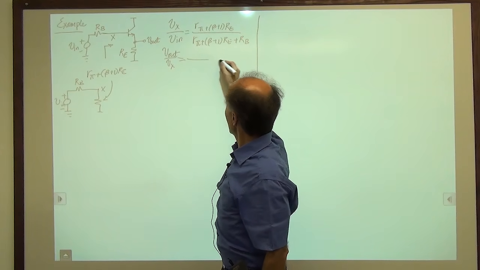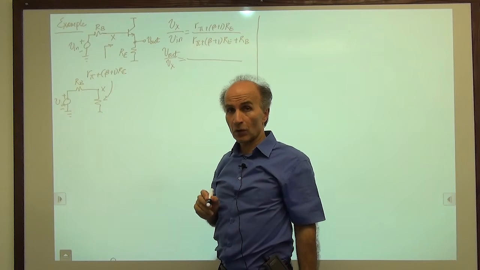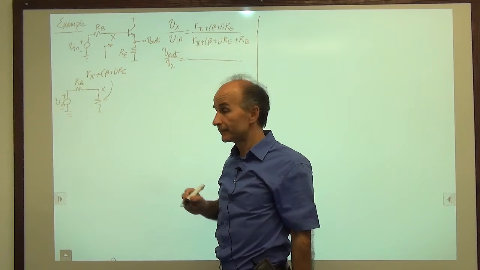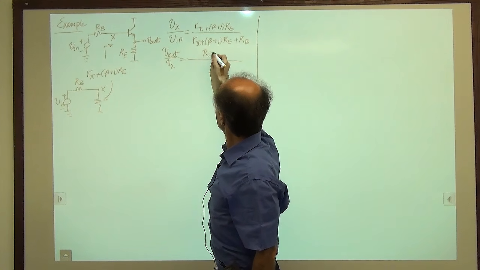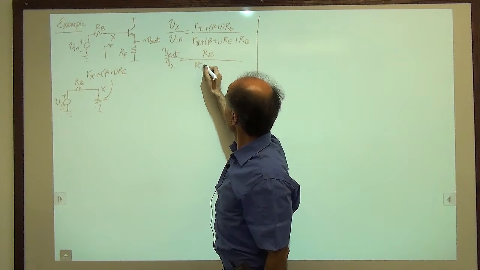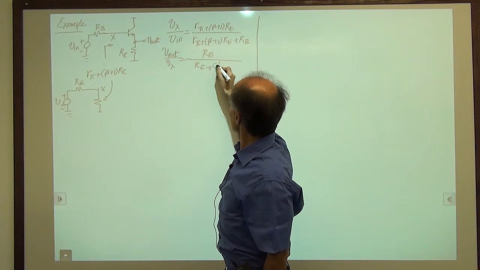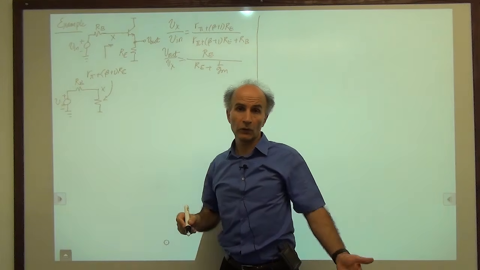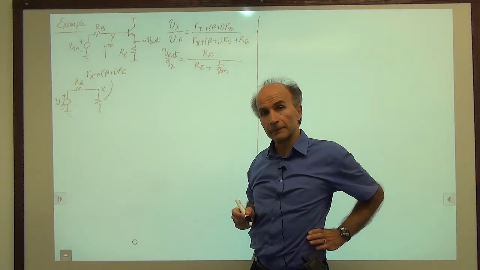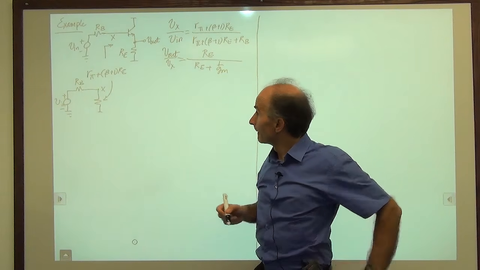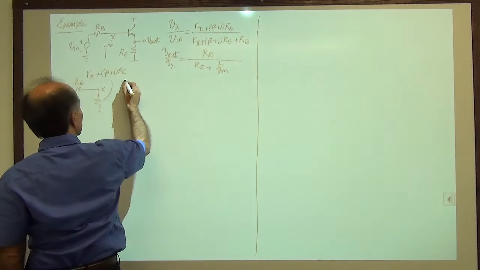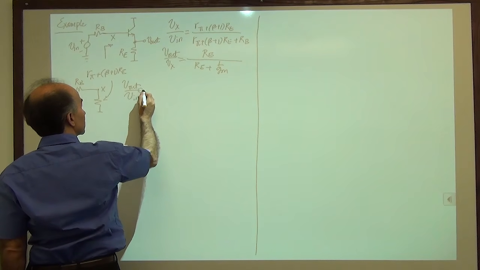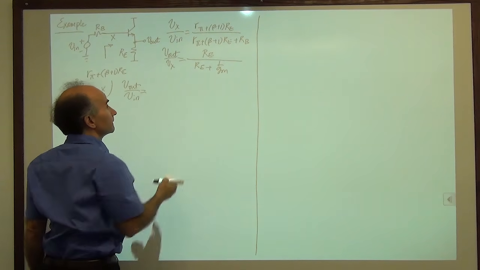So the gain of an emitter follower is given by the total resistance tied between the emitter and ground, Re, divided by Re plus 1 over Gm. So the total voltage gain is just the product of these two. So we say V out over V in is that times this.